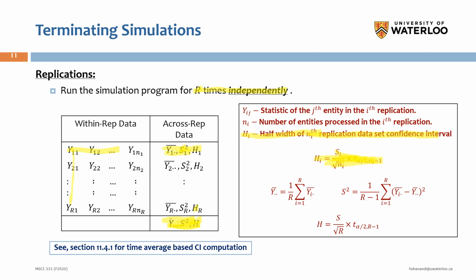So here we do have the equations, and as you see, we can calculate these. So this is a conclusion on how we can estimate the parameter, and how we can obtain a measure of error by having the half width of the confidence interval for terminating simulations. Okay, so we'll have an example in the next part. Okay, thank you.